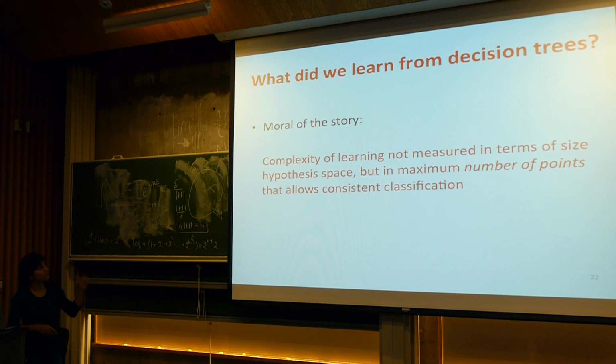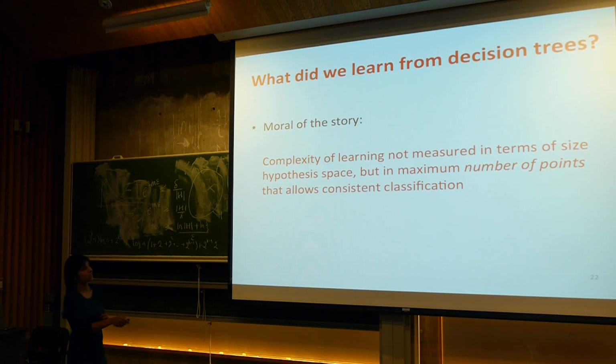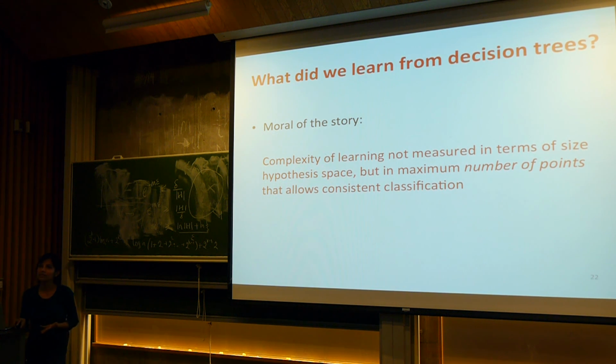The idea is that the complexity of a hypothesis space or of learning should be measured not in terms of the size of the hypothesis space, but in terms of the maximum number of points that you can correctly classify using it, right? So why should we allow decision trees with k leaves, or with m leaves actually, if we have m data points?